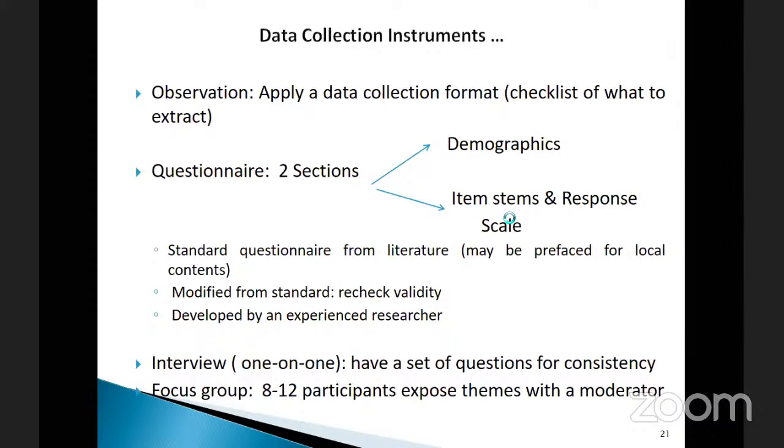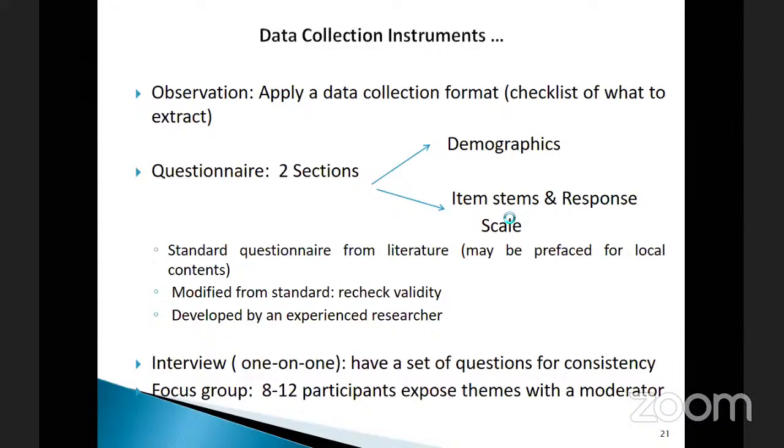In some of the studies, we can also use a questionnaire. There are two sections of a questionnaire. One section tells us about the demographic characteristics, like the age, the sex, and so on. You may also have clinical characteristics. Then you have the item stems and response scale.